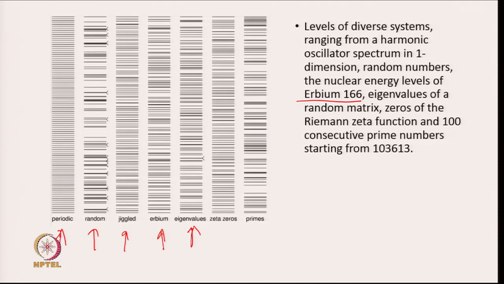This is the Riemann zeta function, and here are the zeros of the Riemann zeta function starting from the 10 to the 22nd zero upwards. So you can see how they are spaced, and here finally are 100 consecutive prime numbers starting from 103613, and that's what the spacing looks like.